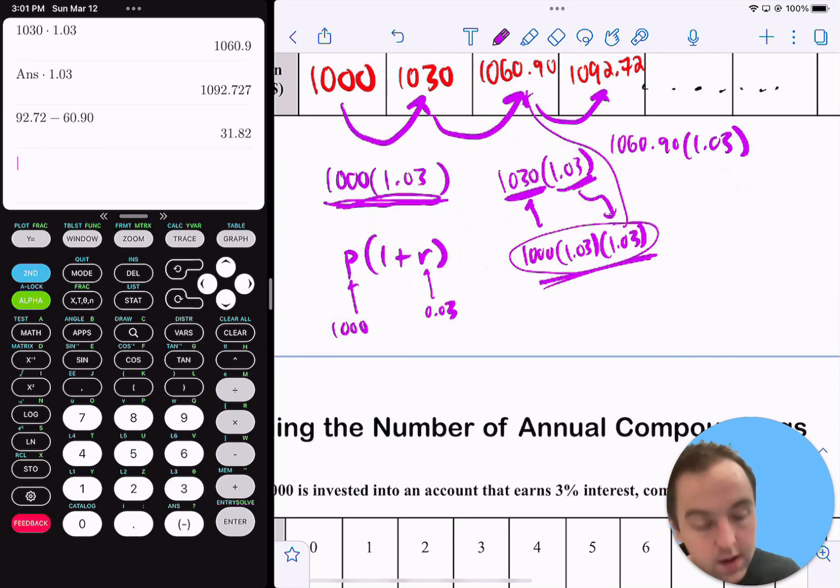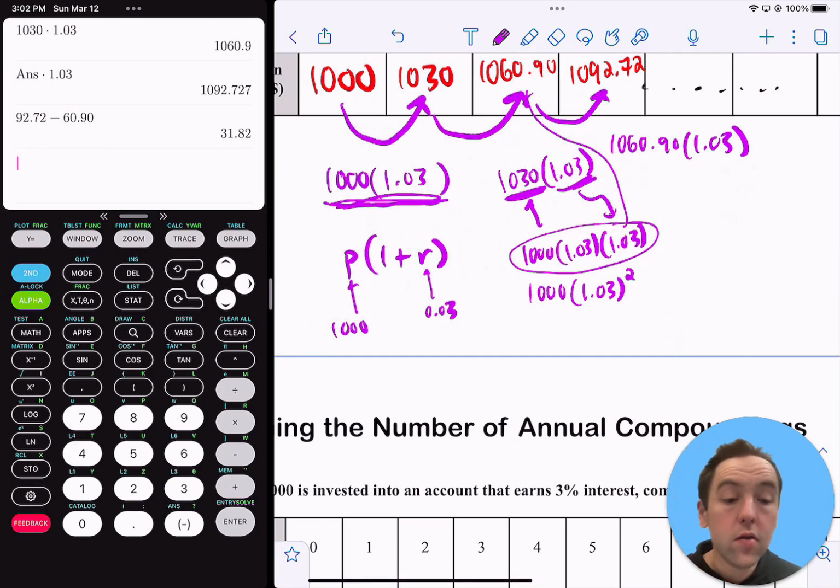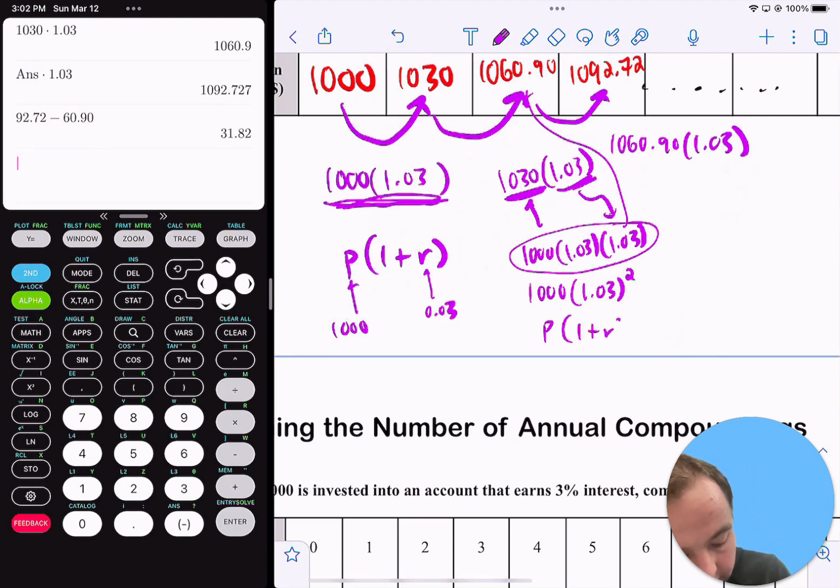And because right here there are two 1.03s multiplying, we could write this as actually 1,000 times 1.03 squared, because it's a repeated multiplication of 1.03. And so then I'm going to rewrite this as actually just the principal and then 1 plus that interest rate, but to the second power, right? So in a similar regard, we got this number right here of 1,060.9 by actually doing 1,000 and then 1.03 squared.